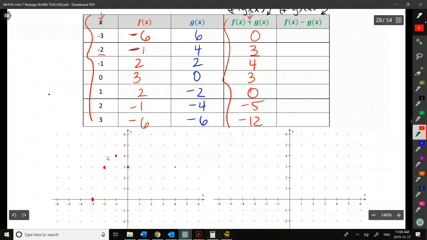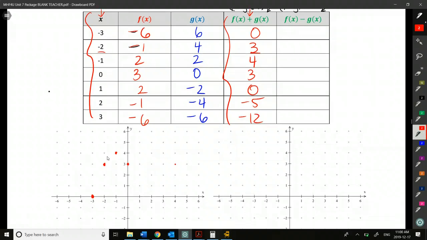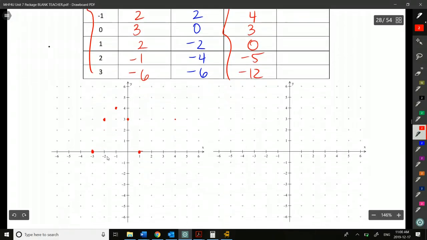Sorry, everybody. All right, so where did we stop here? 0, 3, 1, 0, 2, negative 5, and negative 12 doesn't fit. And I'm willing to bet that negative 4 is also down at negative 5.